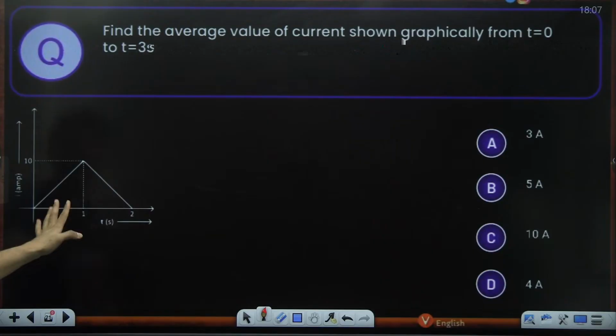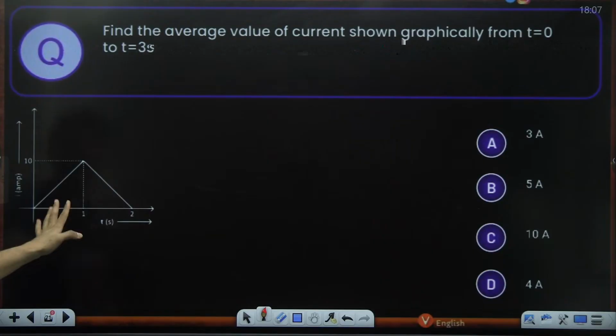Okay, moving on to the next question. Young's double slit experiment is in a medium, maximum intensity is I0. Find the intensity at a point on the screen where the path difference between the light coming out of the slits is lambda by 4. First of all, the refractive index is given. That means you have to be a little bit careful.